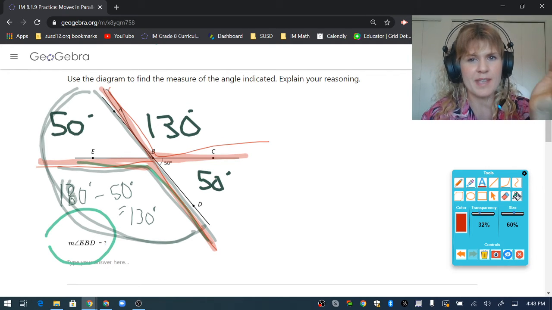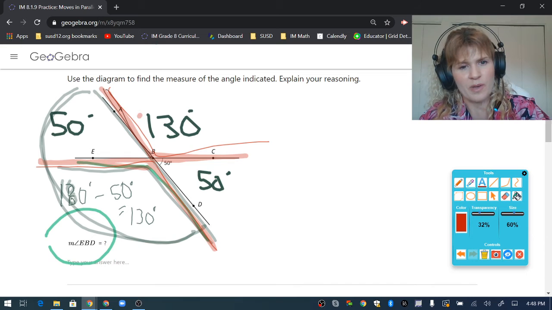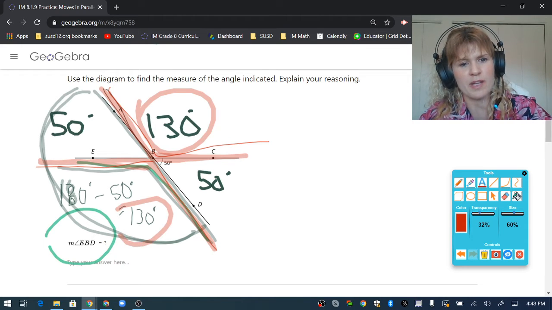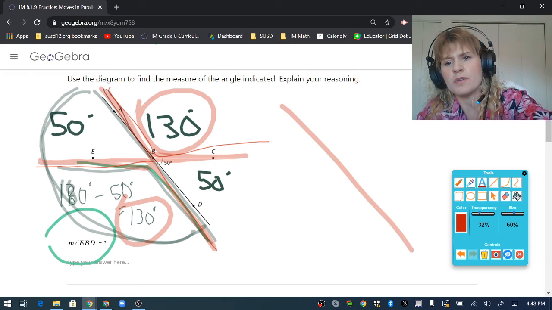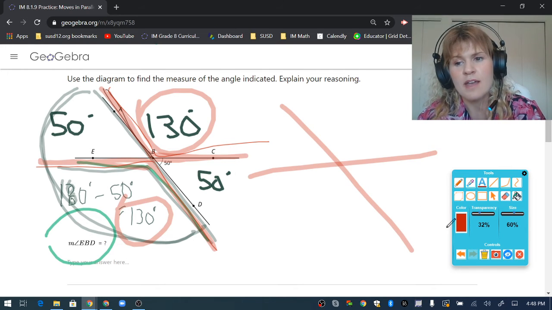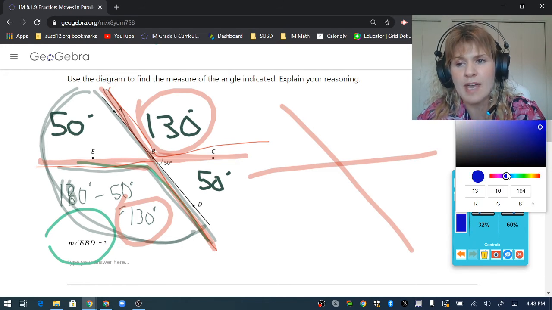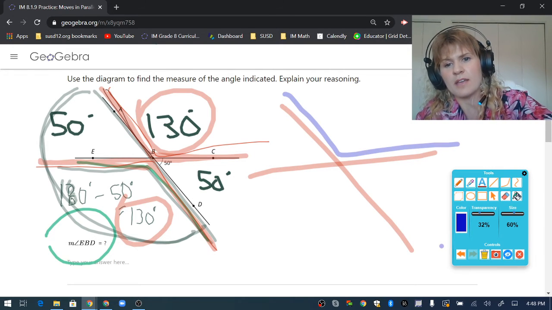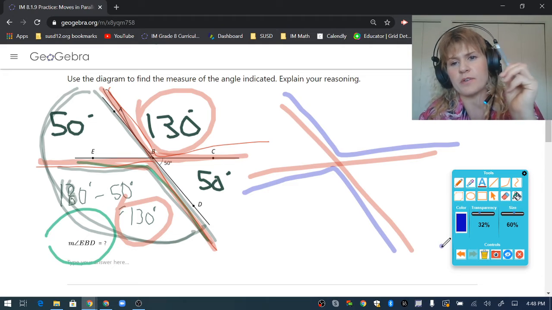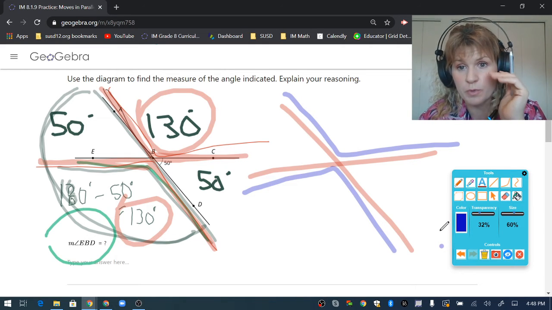They have the same measurement, 130 degrees and 130 degrees. So, when you have two intersecting lines, there are two sets of vertical angles. These angles are vertical angles, and they are congruent.